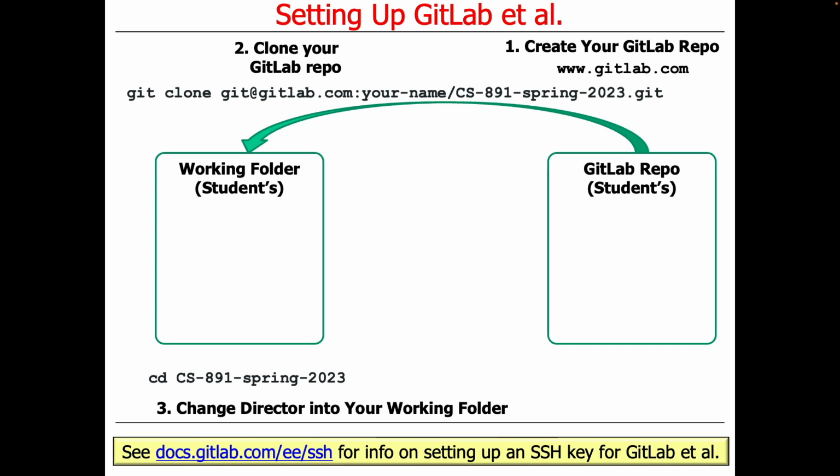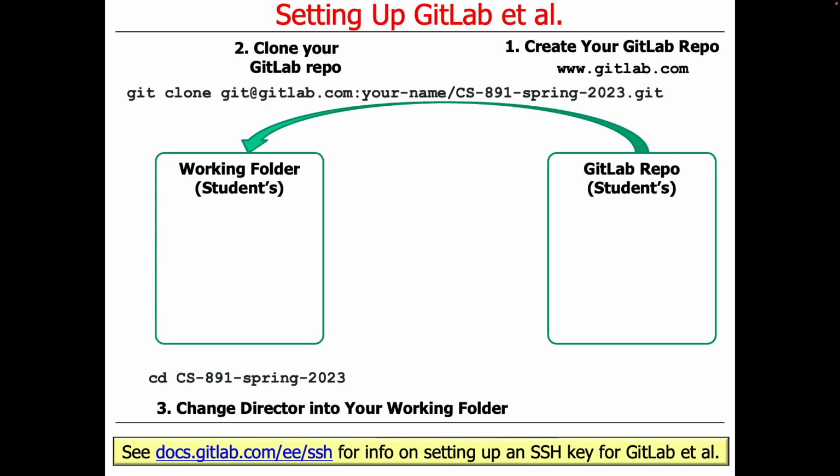So, say on a command line prompt, git clone, git at gitlab.com, and then colon, your login name, whatever you chose, /cs-891-spring-2023.git. And that will make a local folder, which is where you're going to put all your stuff.